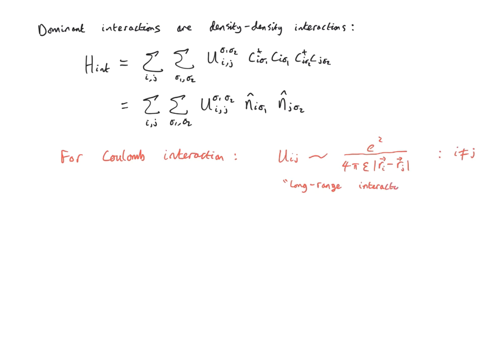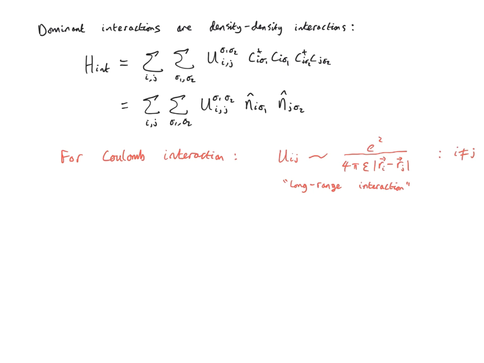It's something that actually goes out to infinity. There's always a finite interaction between any two electrons, wherever they are in the universe. It might become very, very small because of this 1 over distance form to this potential, but it is there in principle.